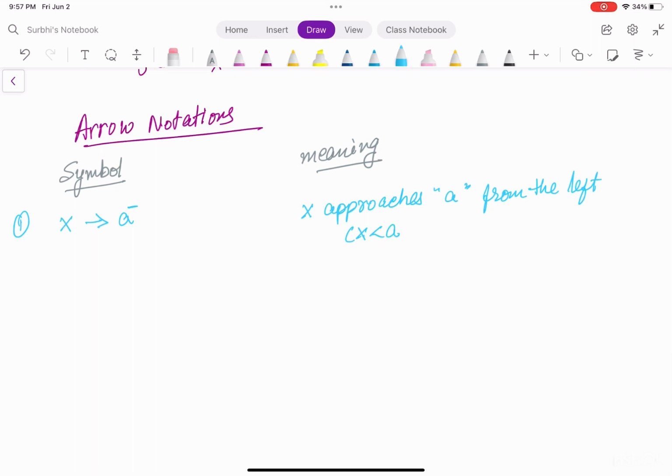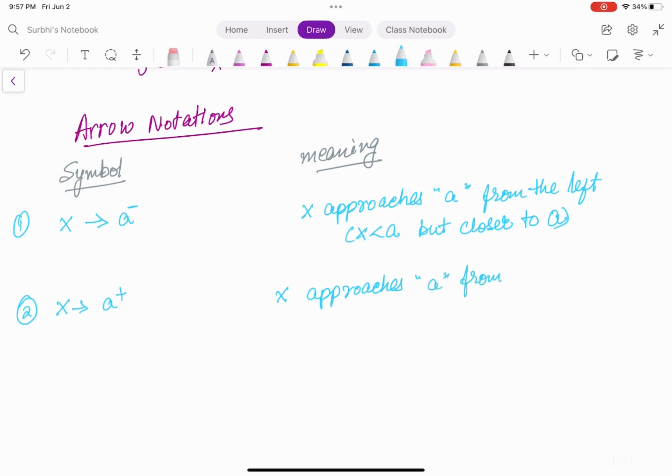So x is less than a, but it is not equal to a, only less than a, but very, very close to a. So x is less than a, but closer to a. In the same way, if the symbol is written as x arrow a plus, then instead of coming from the left, we are approaching from the right.